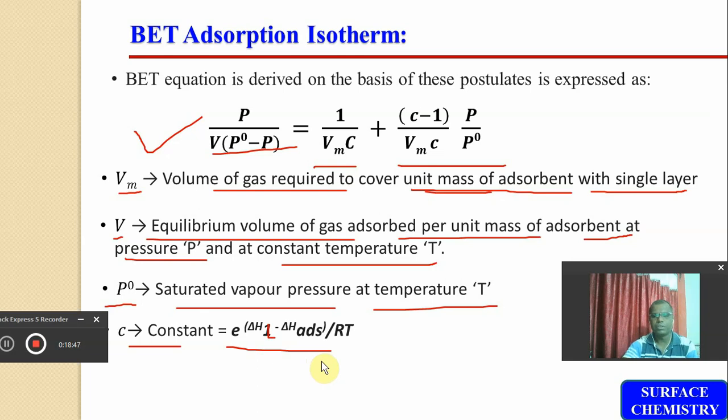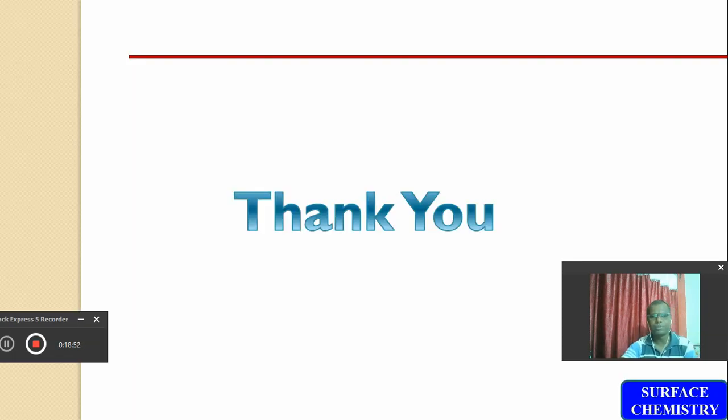So dear friends, today in this part of the video we tried to discuss the correction in the Langmuir adsorption isotherm equation, and after that we also studied the different cases of the Langmuir adsorption isotherm. What will be the relationship between the volume of gas adsorbed and the pressure at very low pressure and high pressure?